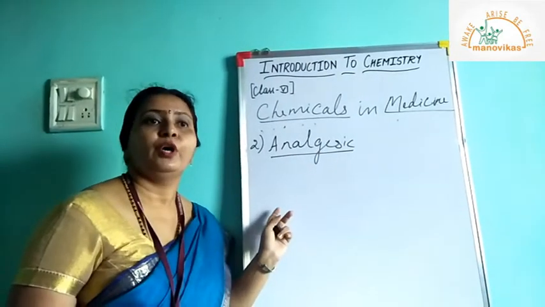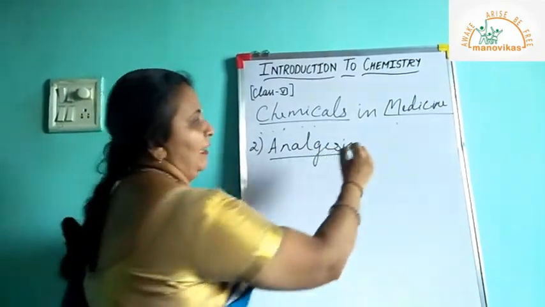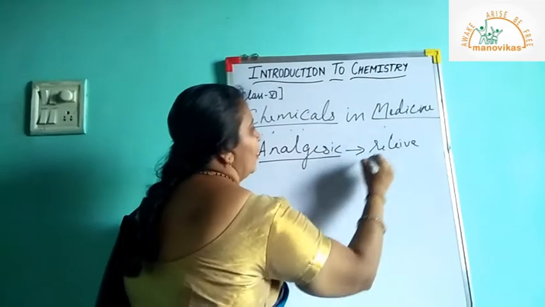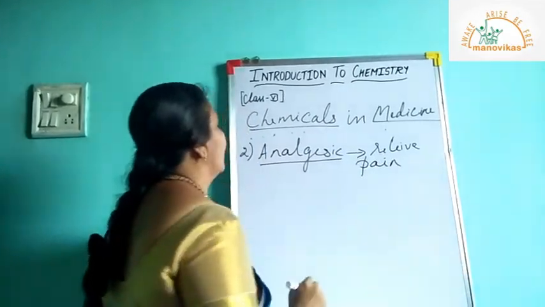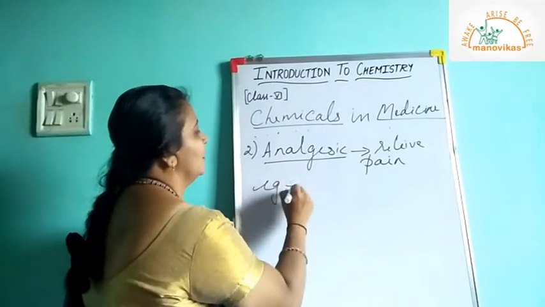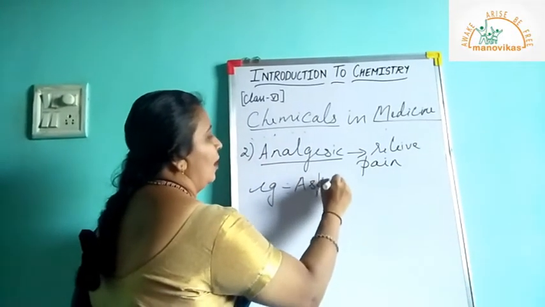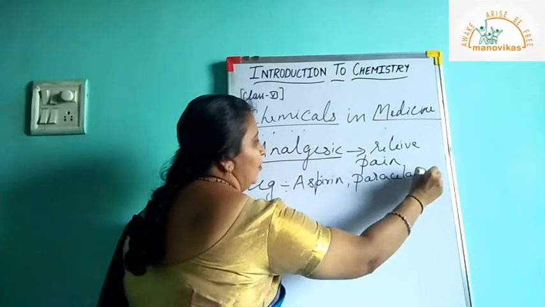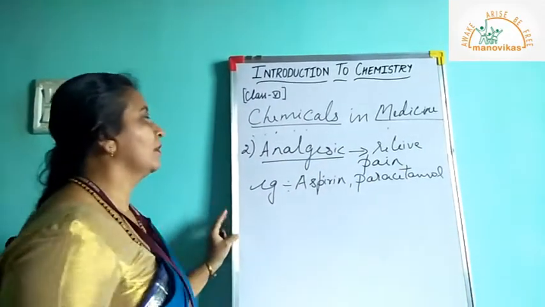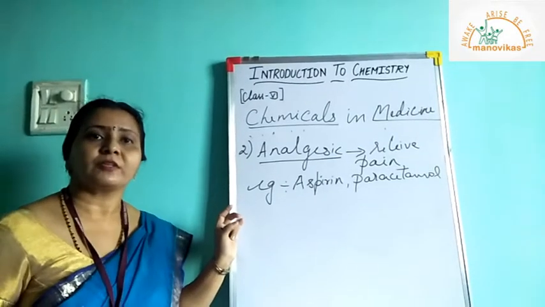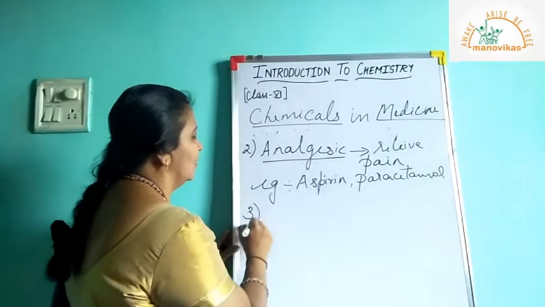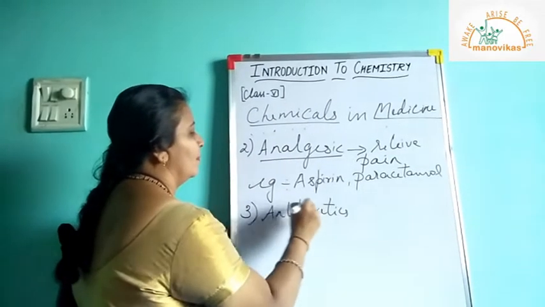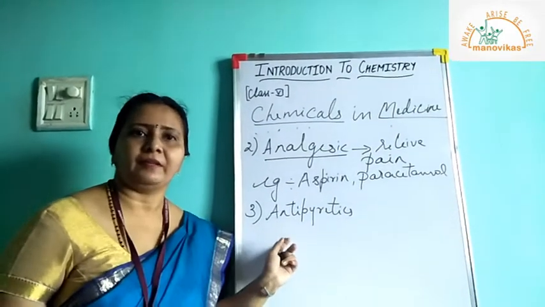Analgesics are medicines used to relieve pain. Examples of analgesics: aspirin, paracetamol, etc. Next, let us see antipyretics.